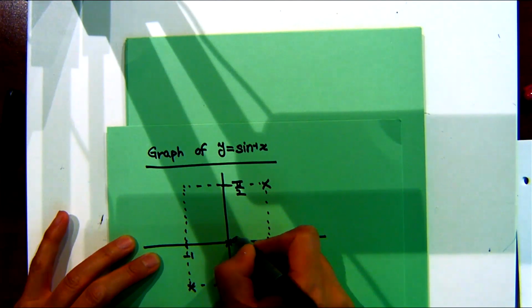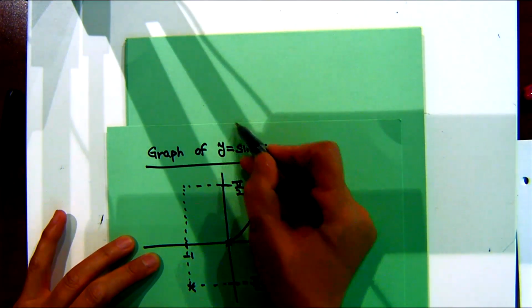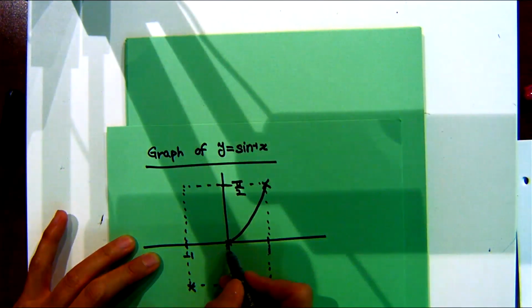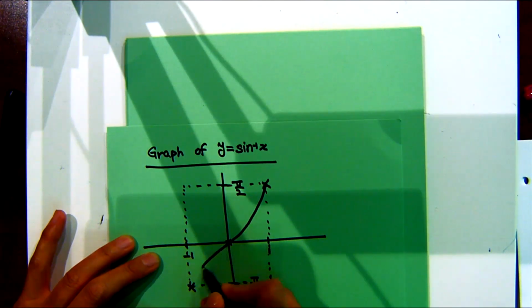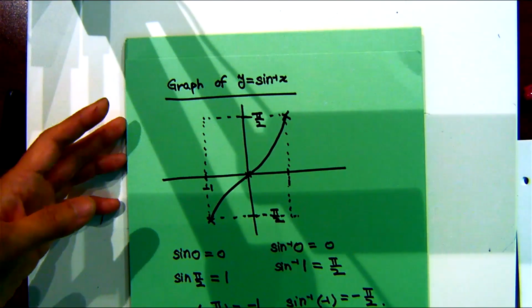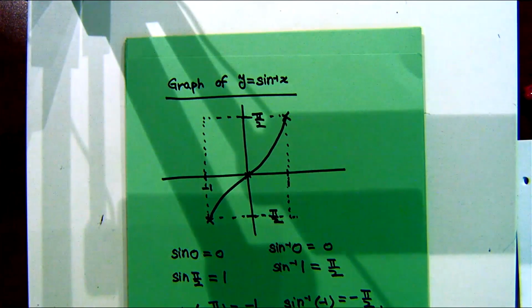If you extend the first wave, you will draw the arch like this, and then the curve will go like this. If you just keep switching x and y values, but we don't think about what happens outside of -1 and 1. So the graph of sine inverse looks like this.